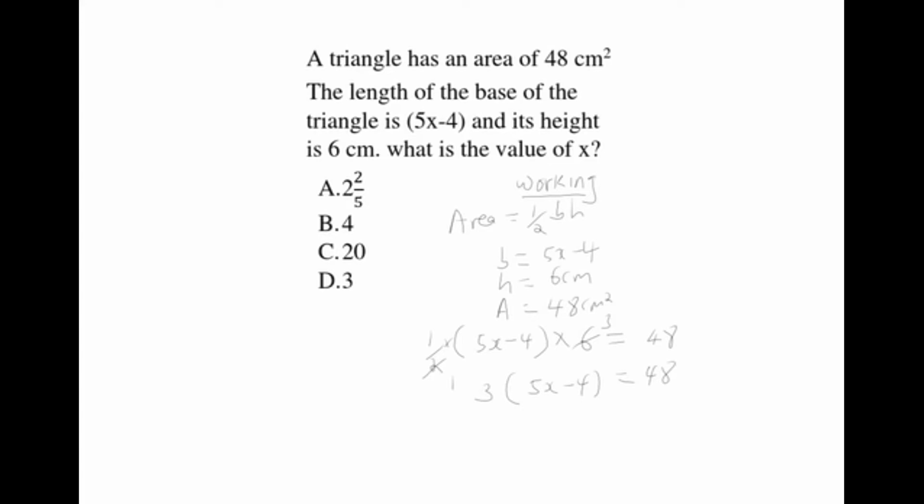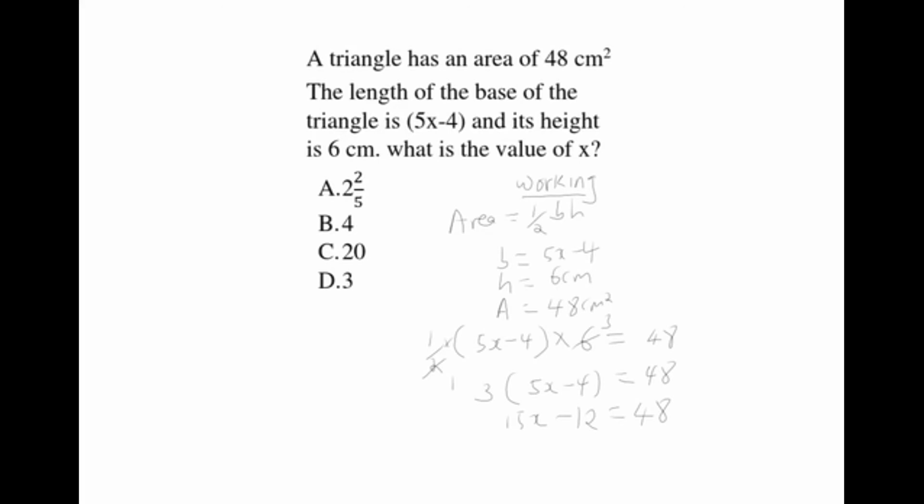3 times 5 is 15x. We minus 3 times 4, 12. This one should give us 48. We take 12 to the other side. So we have 15x minus 12 equals 48. When we take 12 to the other side, it becomes an addition.